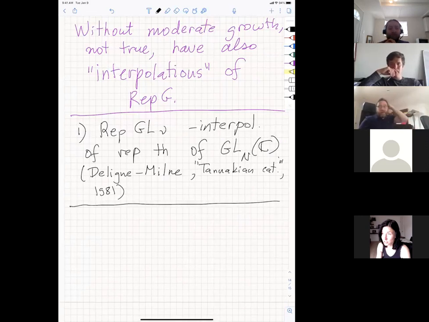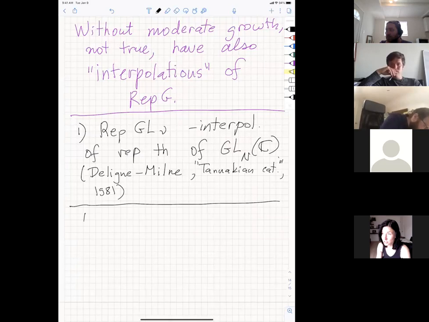So how can we interpolate the category of representations of GL_N? So this is finite dimensional representations. Well, since matrices of non-integer size are not easy to define, to interpolate, we really need to describe this category in a way that is not going to mention matrices.